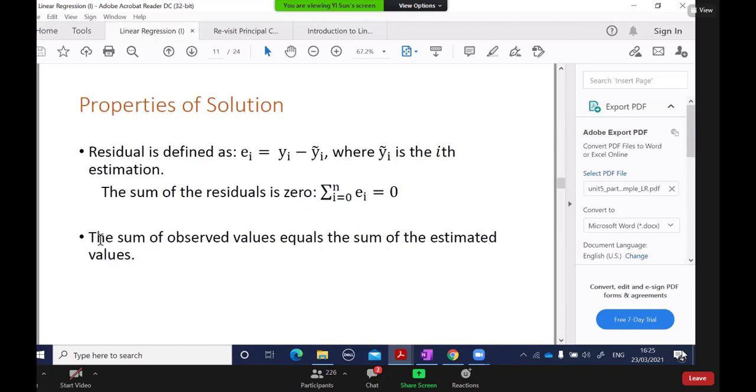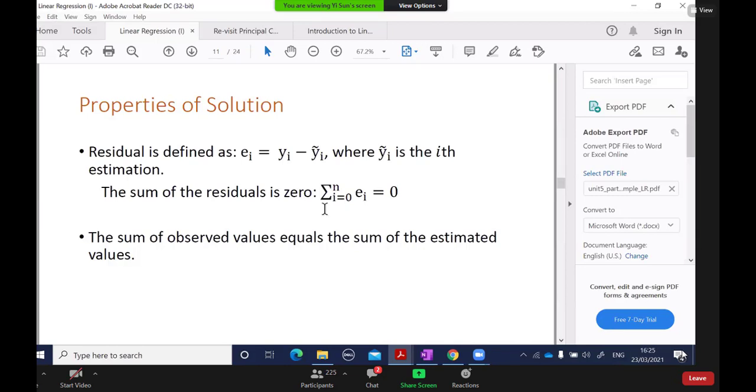On the other hand, the sum of observed values equals the sum of estimated values. So if we add up all the observations together and all the predictions together, they are equal.